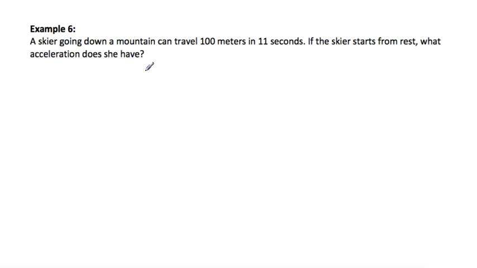Alright, and then our final problem, example 6: a skier going down a mountain can travel 100 meters in 11 seconds. If the skier starts from rest, what acceleration does she have? Alright, since they gave us a distance, we can remember that the only equation that has distance in it is motion equation number 2, the longer one.